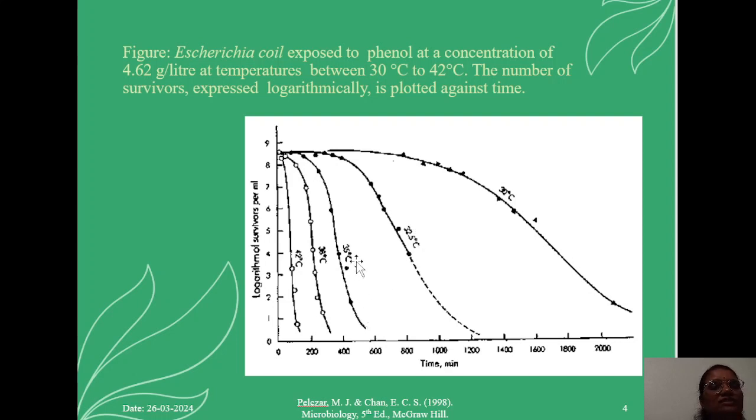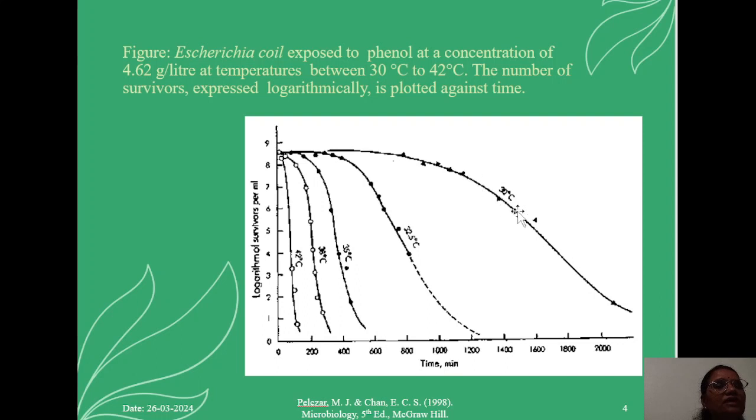As can be seen from this diagram, where the logarithm of the survivors is compared with time, by increasing the temperature from 30 degrees centigrade to 42 degrees centigrade, we are able to achieve a reduction in the number of survivors very rapidly, right.